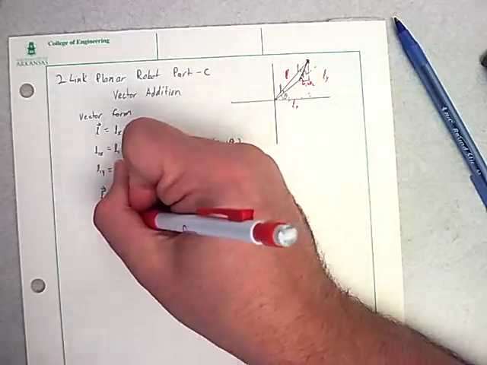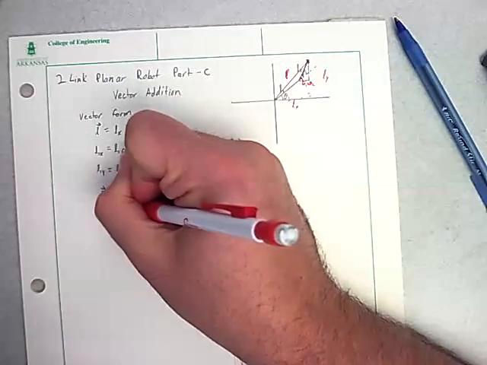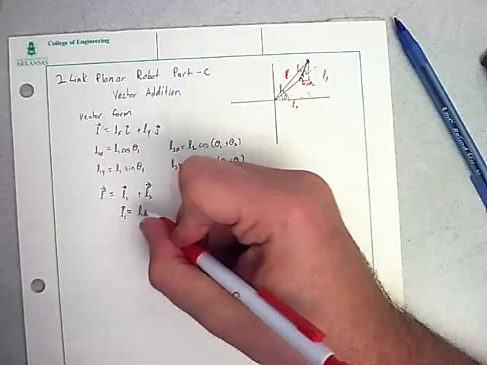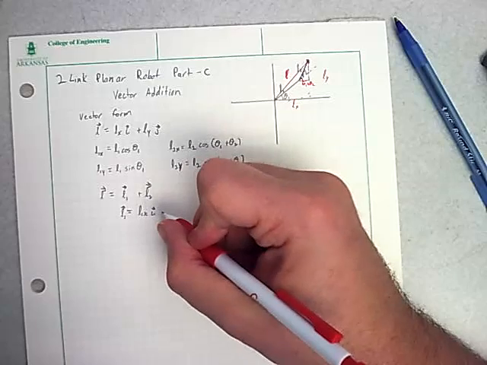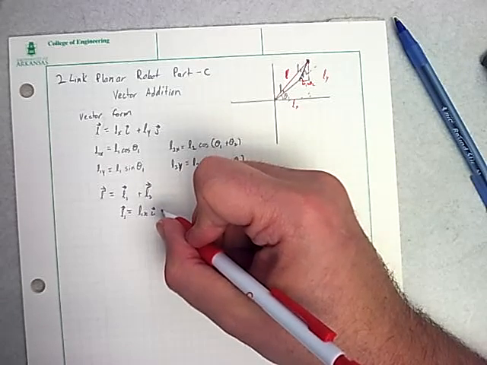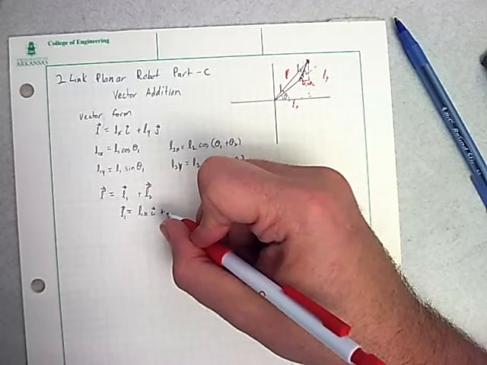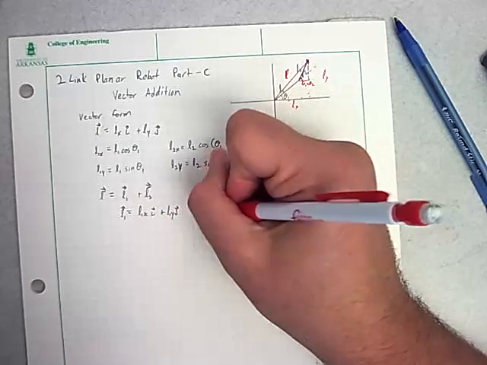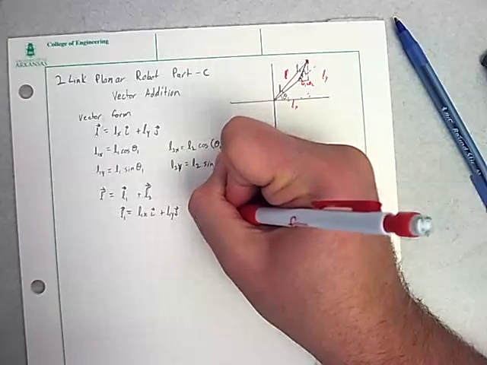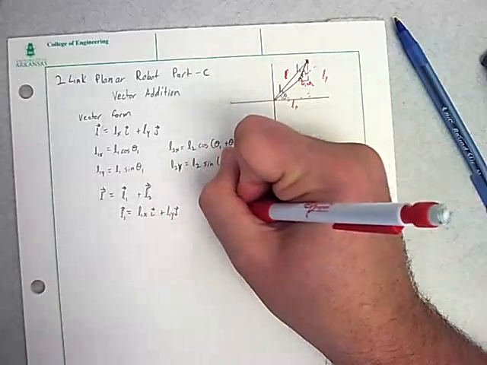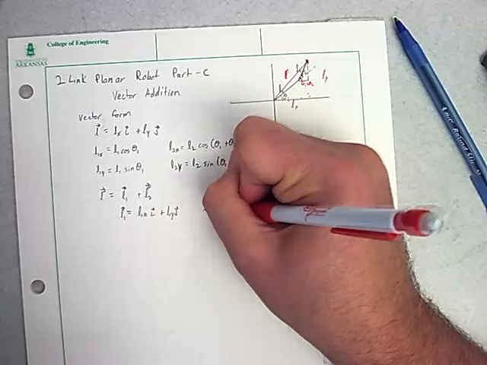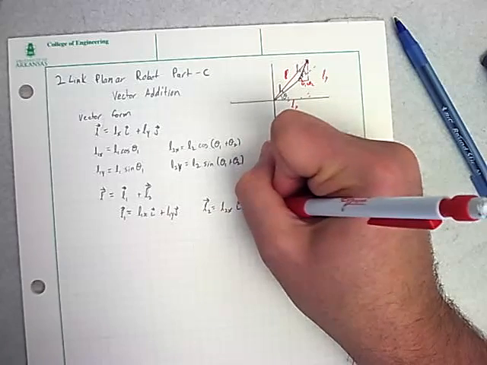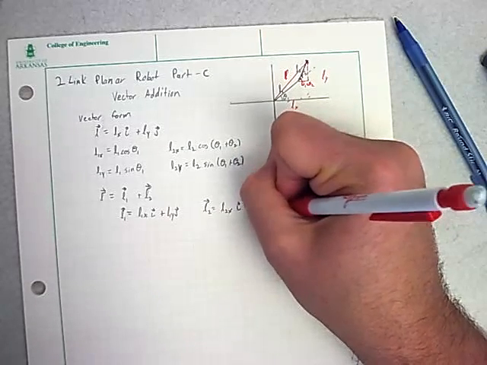So L1, if we just put things together from above, is going to be L1x times the i plus L1y times the j, and L2, similarly, is going to be L2x plus L2y in the j direction.